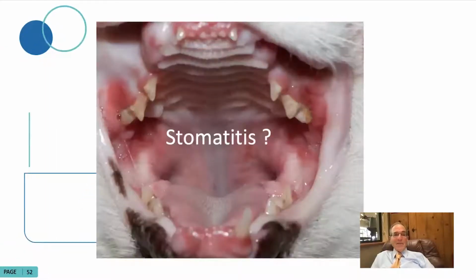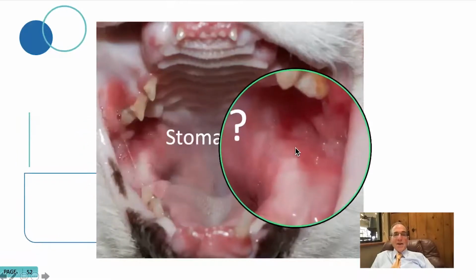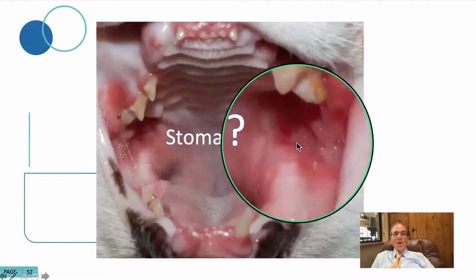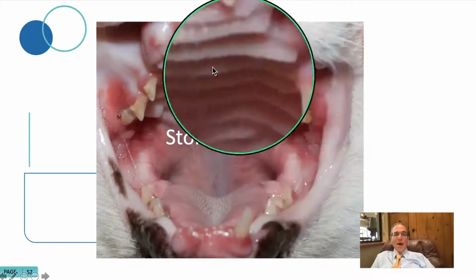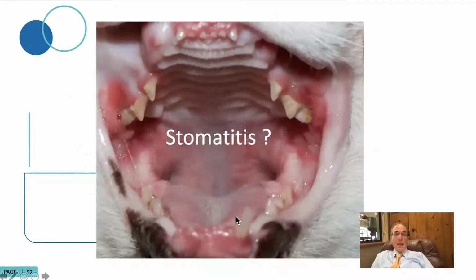When we have the inflammation back here, the caudal oral cavity inflammation, the prognosis of full mouth extraction is guarded. It works in about 60% without any other care, but sometimes 20% just don't get better without a lot more care. And a lot of that is decided by whether there's caudal oral cavity inflammation.